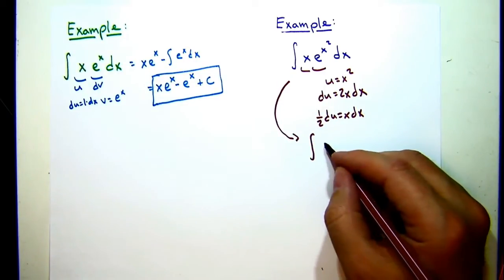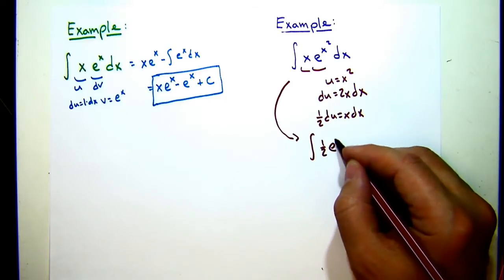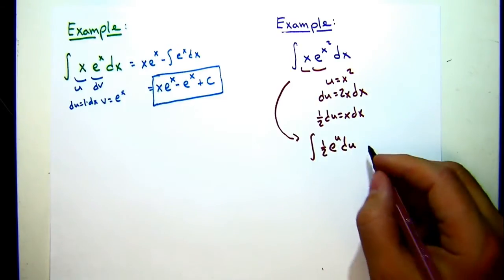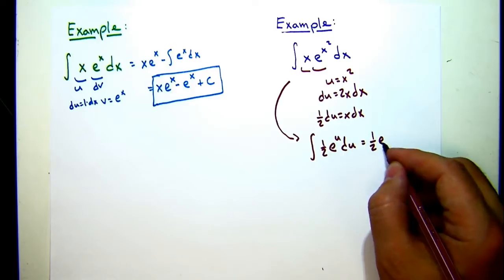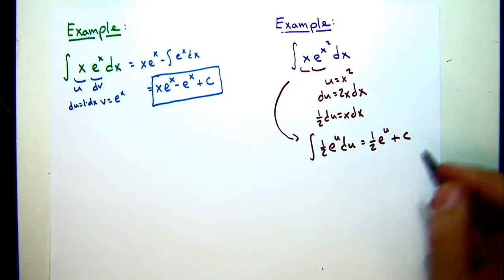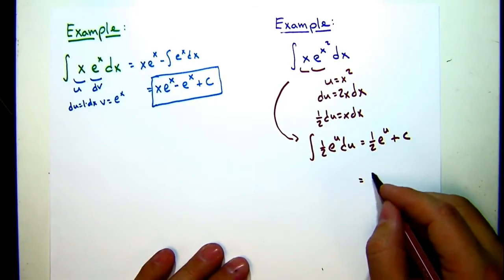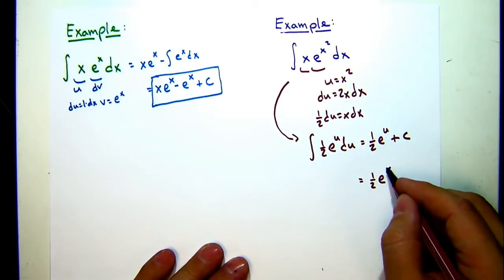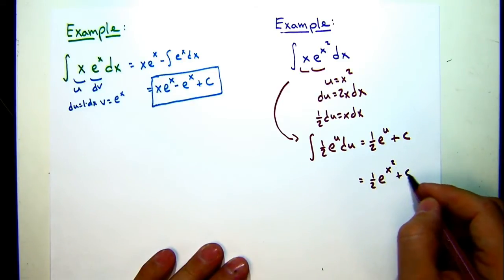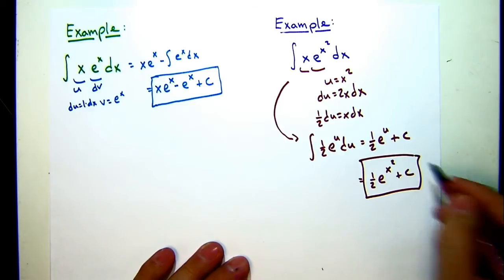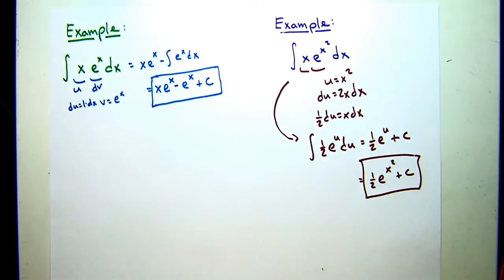And so this integral becomes the integral of 1/2 e to the u du, which is 1/2 e to the u plus c. And so we get our final answer, 1/2 e to the x squared plus c.